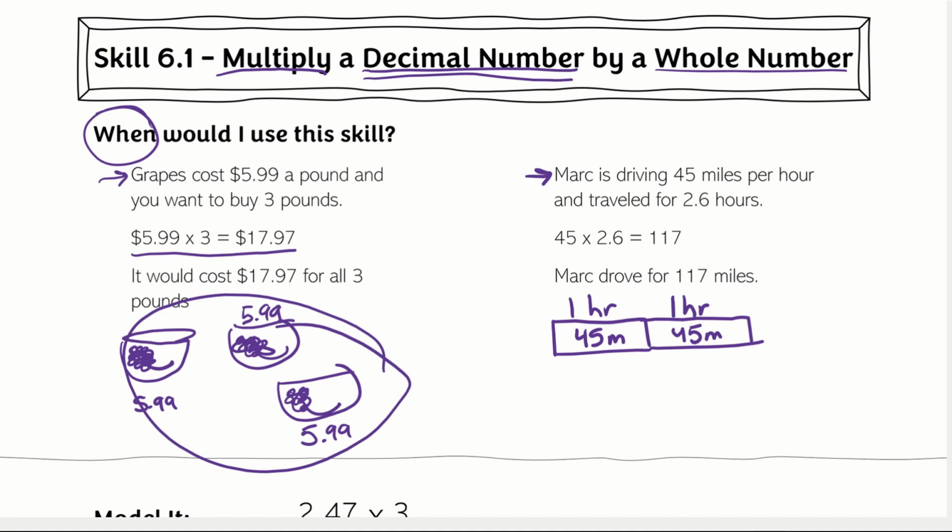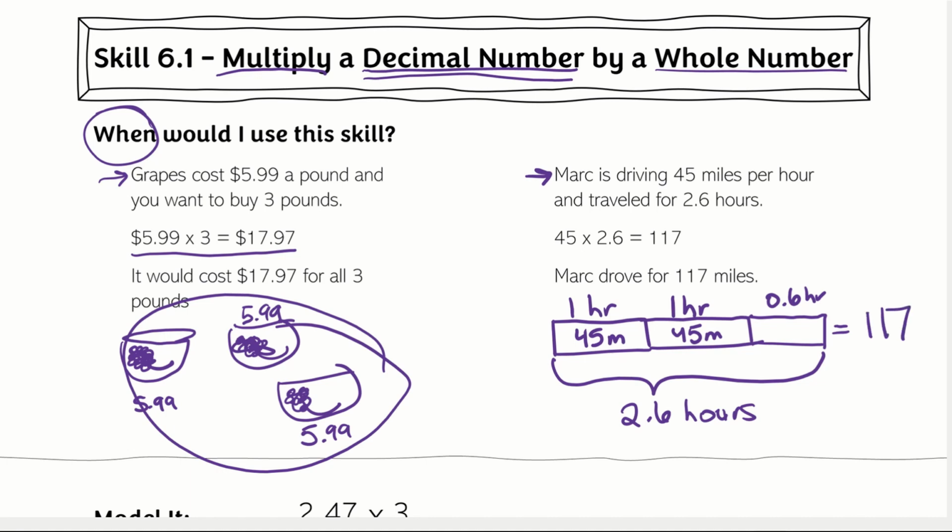And then this last one is hard to think about, but if I have 2.6 hours, this one's going to be shorter. It's only going to be 0.6 hours. So all together, it was 2.6 hours that he was driving for. All together, when I do the multiplication, I can see he drove for 117 miles.